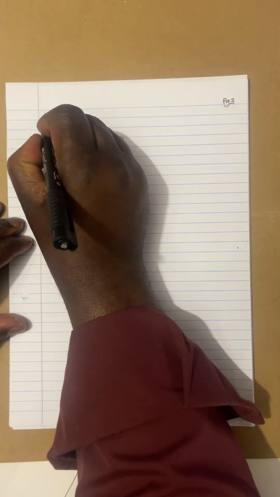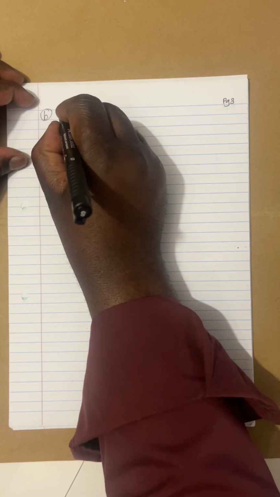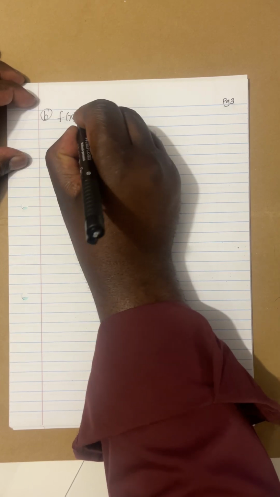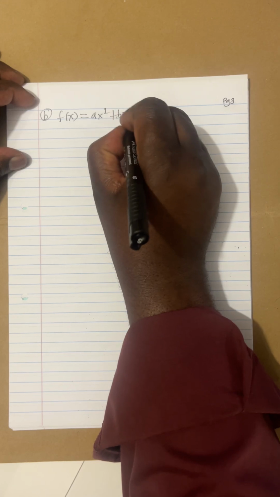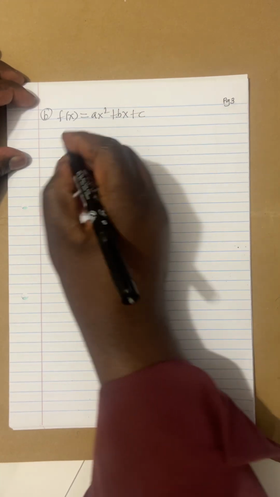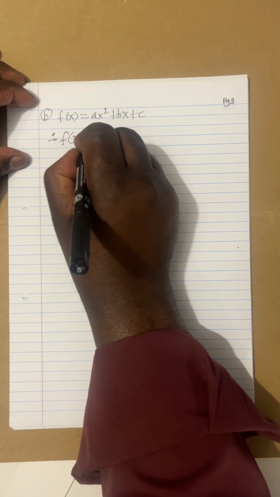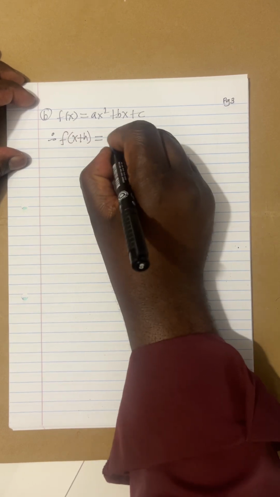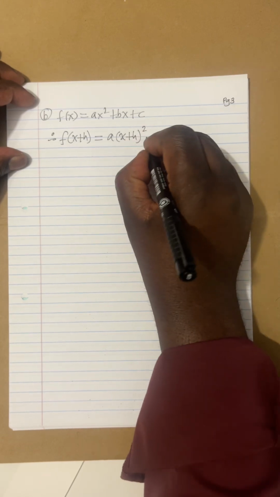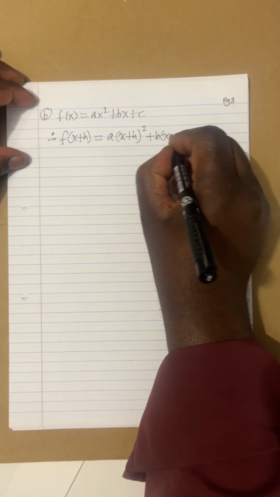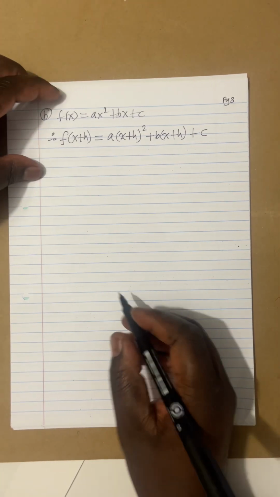So number B, what we have is f of x is equal to ax squared plus bx plus c, where f of x plus h is equal to a, where there is x, now we must put x plus h whole squared plus b, x plus h, and then plus c there at the end.